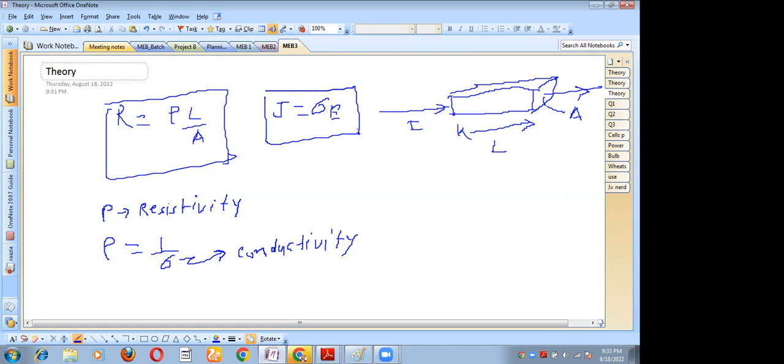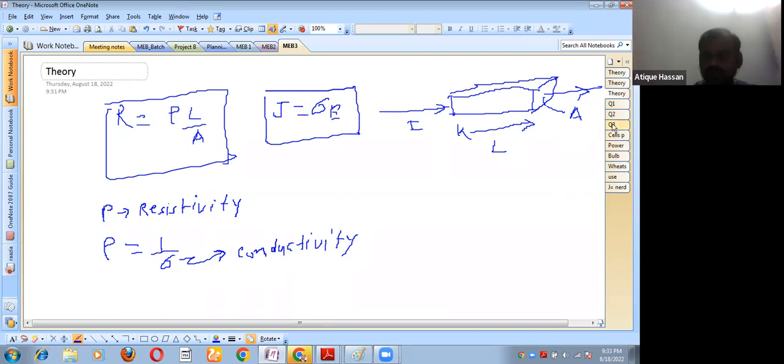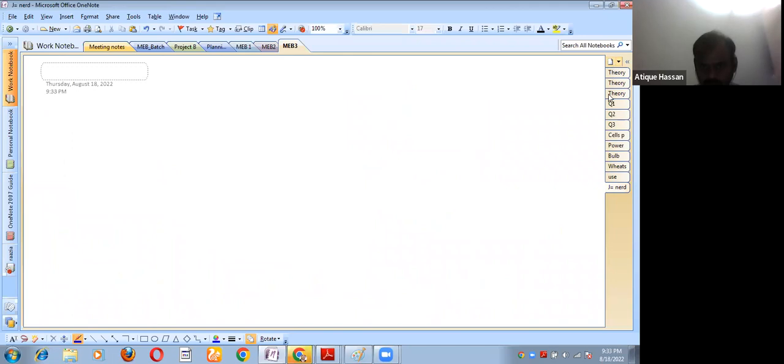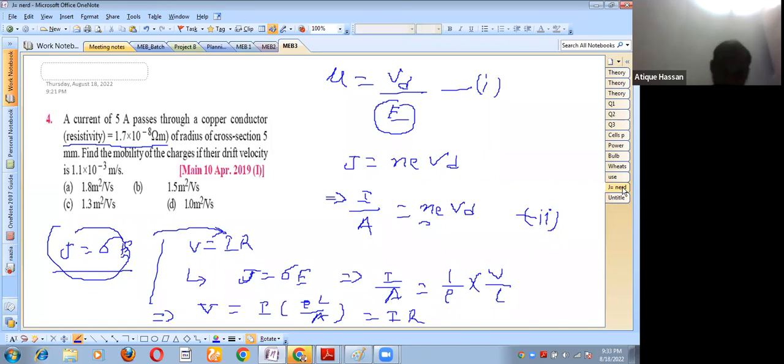Now, based on that, we will do this question which we were discussing. Now all of you can solve this question, so try this. Here we have to find mobility, and drift velocity is given.